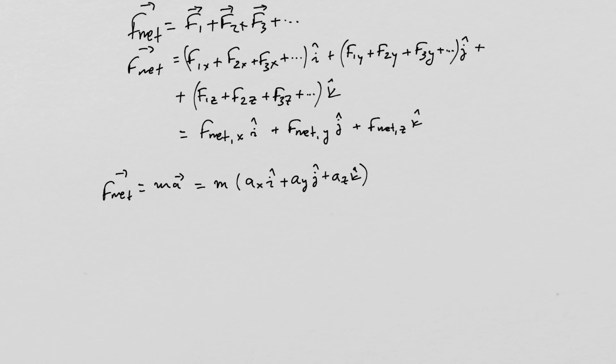And so then I can match the result that I got for the net force here with the right-hand side that I got right here, and I can write that F net x is equal to m a x, F net y is equal to m a y, and F net z is equal to m a z.